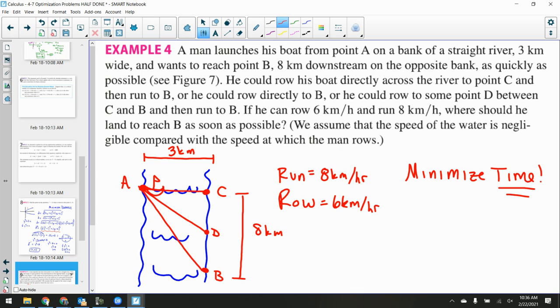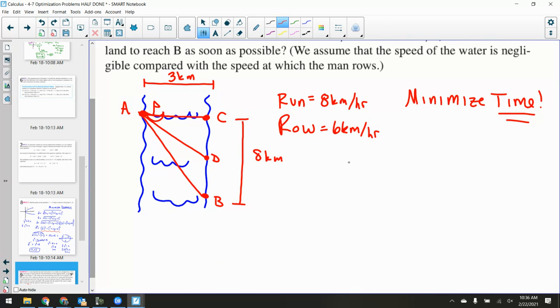Now, we know that time is equal to distance divided by the rate. Because that's what we're playing with here, right? We're playing with how far we have to travel, and there are different rates that we are traveling by. We know that time is distance divided by rate.